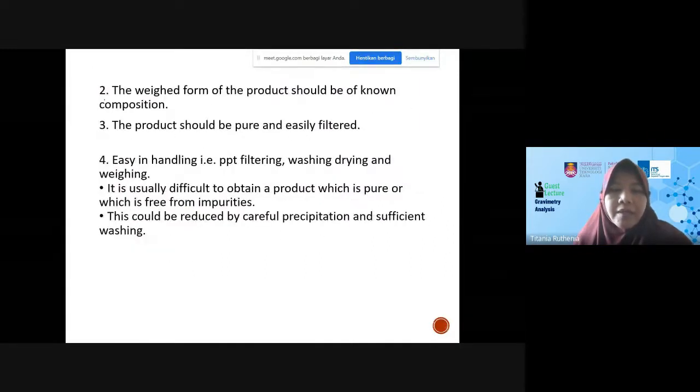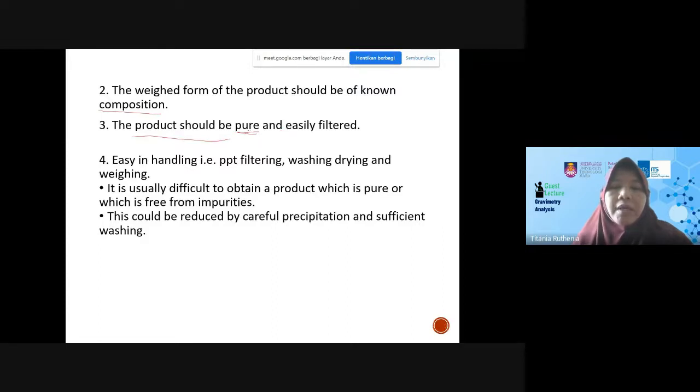And then the second one, the weighable form of the product should be of known composition. So we have to know the composition of the product that we weigh. And the third one, the product should be pure, so as pure as possible.